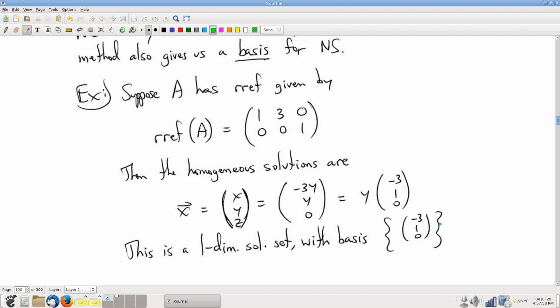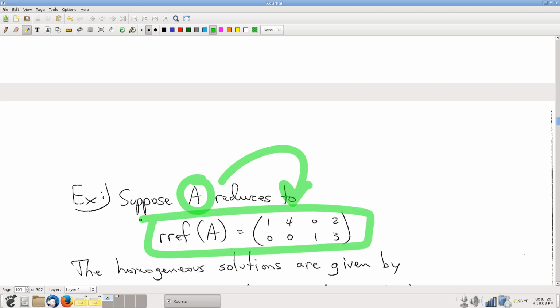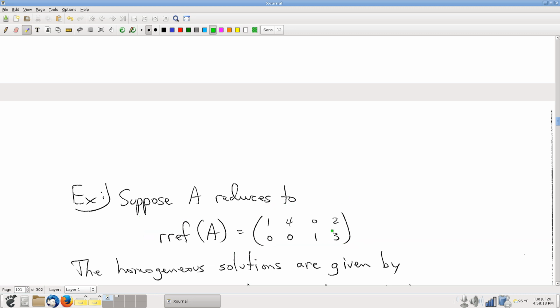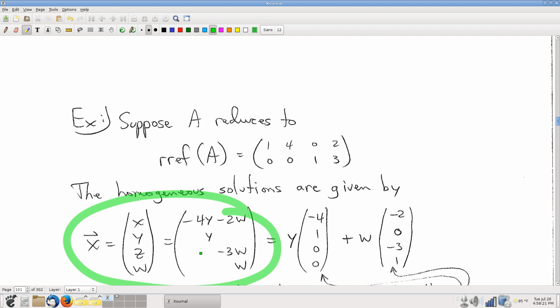Okay, well, that's a silly, quick example. Now let's see a more interesting one, and that is consider a matrix A that row reduces down to this. Now here, when you solve for your pivot variables in terms of your free variables, you get this. And again, this is where we would have stopped in chapter 1. We have a complete collection of all of the homogeneous solutions here.